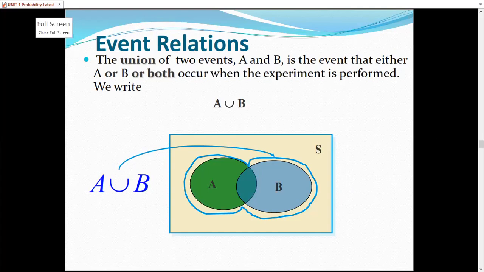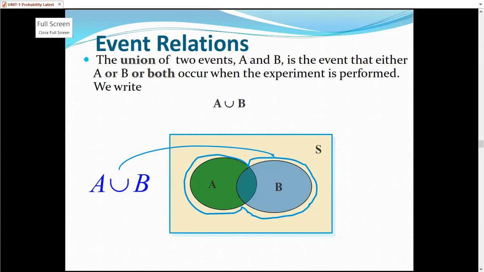Coming to the event relations, when you have 2 events A and B, then A union B we can represent in Venn diagrams.